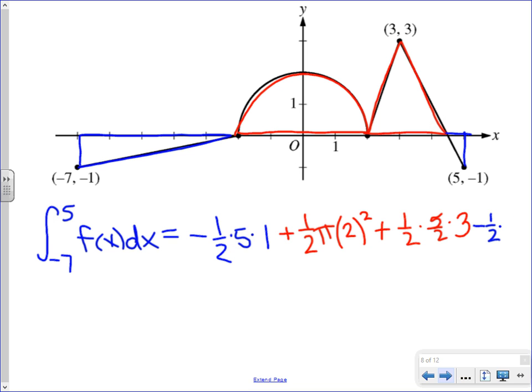The base is 1/2, and the height is 1. So we end up getting negative 5/2 plus 2 pi plus 15/4 minus 1/4.